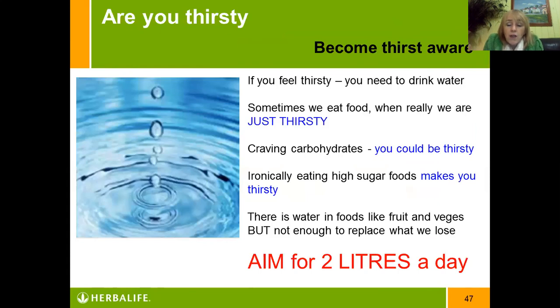And if you're craving carbohydrates, again, it could be just that you're thirsty. Try drinking a glass of water and see if that eases the carbohydrate craving. And ironically, eating high sugar foods makes you thirsty. I do know if my kids eat a lot of lollies, they're drinking lots of water afterwards.